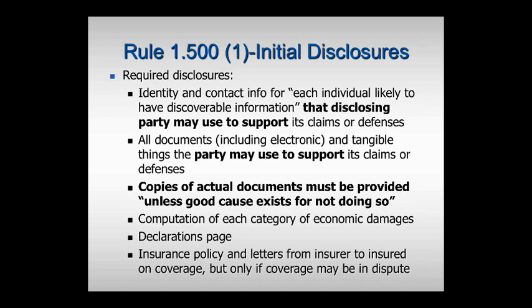Unlike the federal system, the new state rule opts to require production of the actual documents as opposed to just disclosing identity and location, because we concluded that for most cases the number of documents in typical state court civil cases are not so voluminous that we can't get them produced at the beginning. These additional items on this list and the following several slides are different from the federal system, so I want to talk about those.